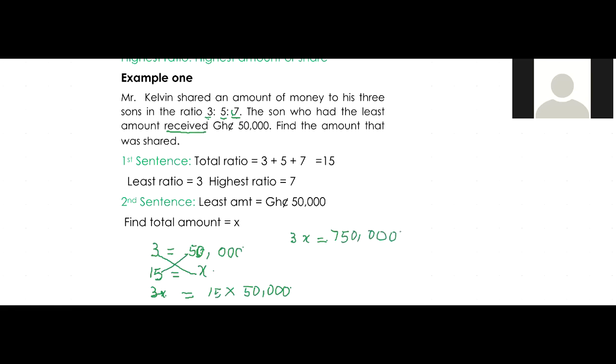Then you divide here by 3 and you divide here by 3. So X is the same as 250,000. Kindly let's go by the description. It is Ghana cedis. So that is the amount that was shared.